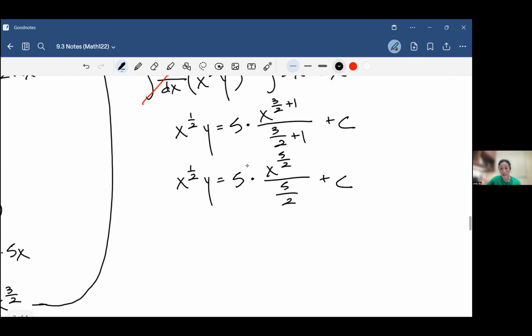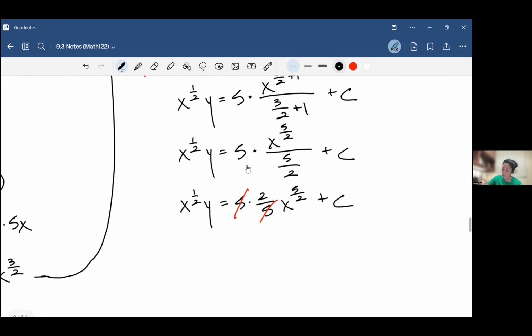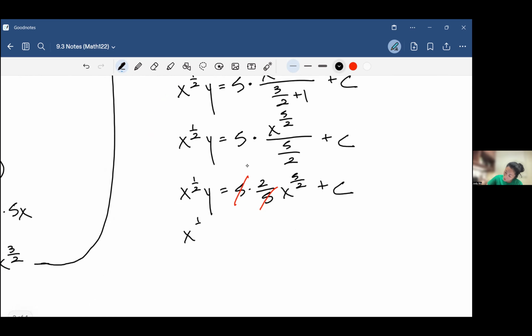And when I'm dividing by 5/2, it is the same thing as multiplying by 2/5. So really, I get 5 times 2 over 5 x to the 5/2 plus c, which is nice because these 5's reduce. And so I get x to the 1/2 y equals 2x to the 5/2 plus c.